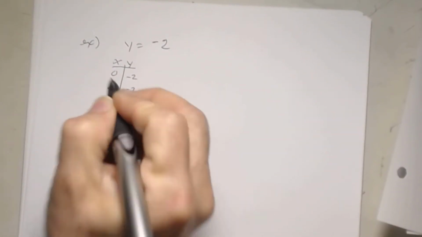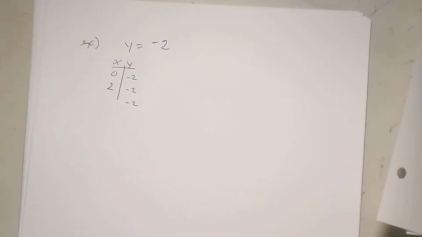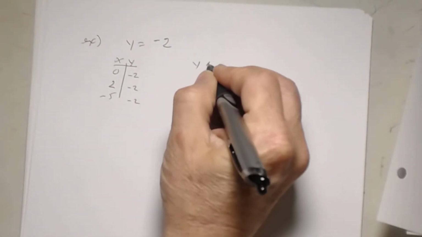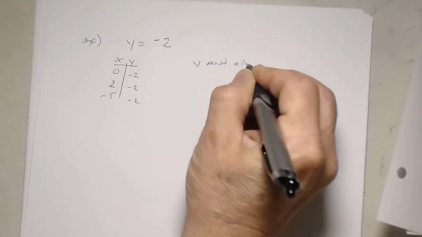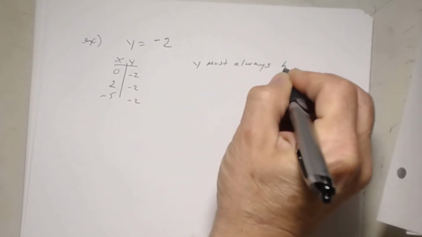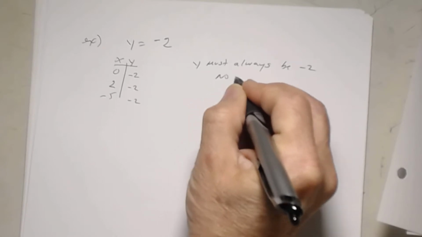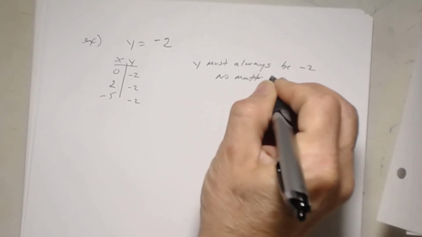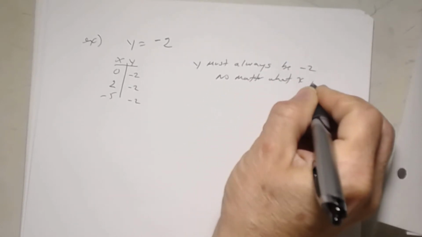If x is 2, what's y? -2. If x is -5, what's y? -2. That's what that means. Y always equals -2 no matter what x is. So x can be anything you want, and y must always be -2.